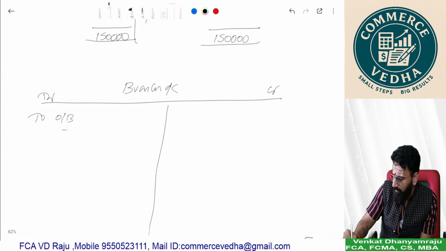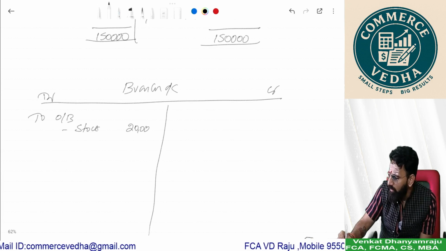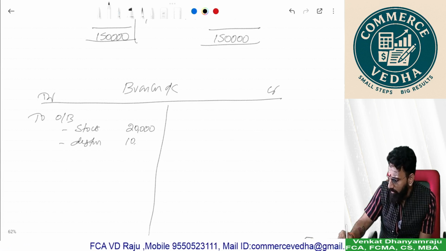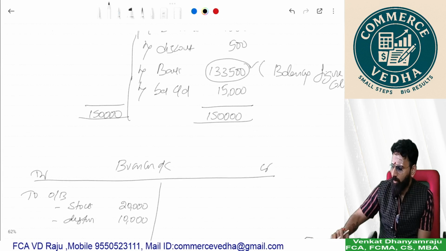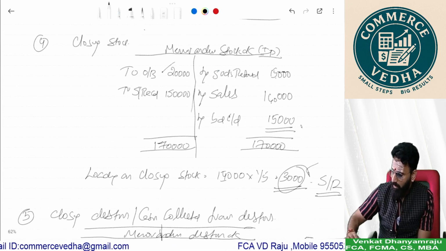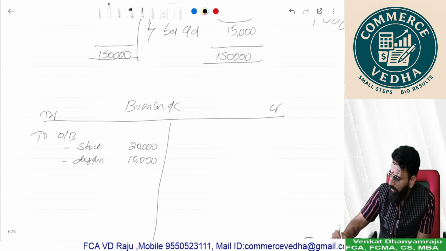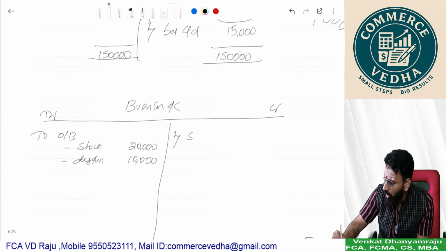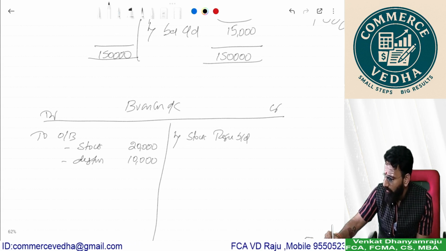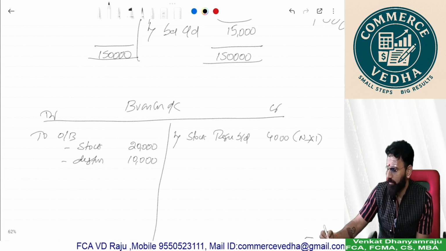Opening balance: stock 20,000, debtors 10,000. I recorded my opening stock and my opening debtors. Immediately by stock reserve opening, we computed 4,000, note number 1.